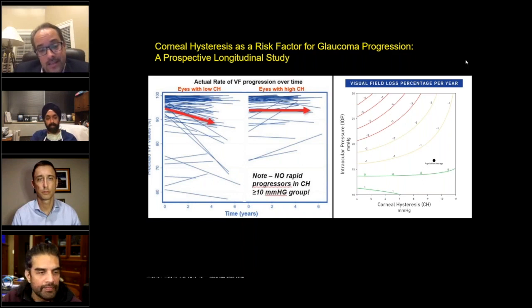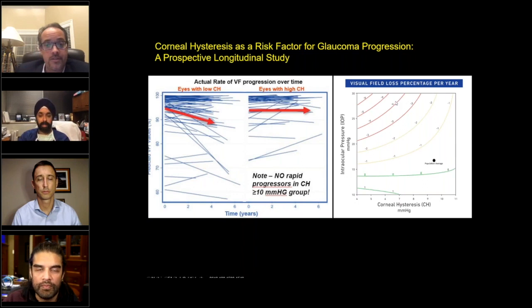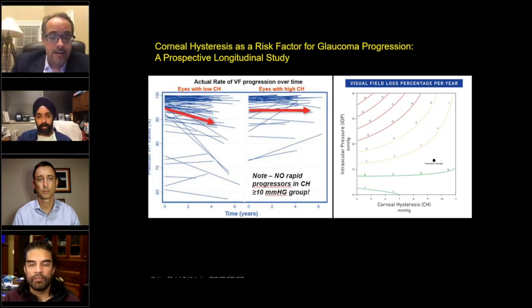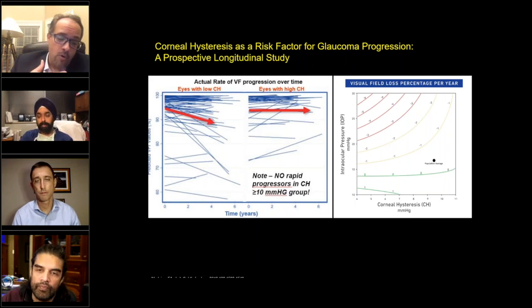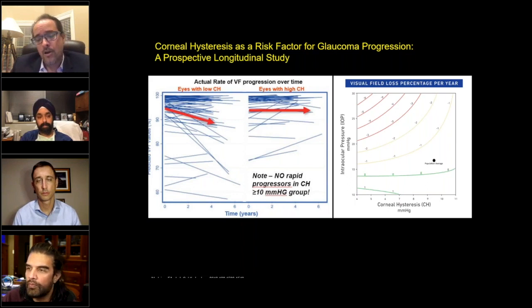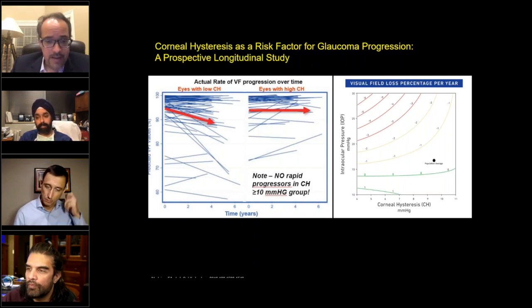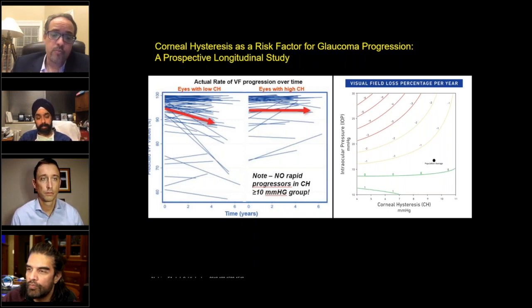Sounds good. These plots come from a prospective study that we did, looking at corneal hysteresis as a risk factor for glaucoma progression. We had a cohort of about 110 eyes that we followed over time, and in all eyes we got a corneal hysteresis at baseline, and we followed them over time to see if corneal hysteresis was predictive of which eyes would progress.